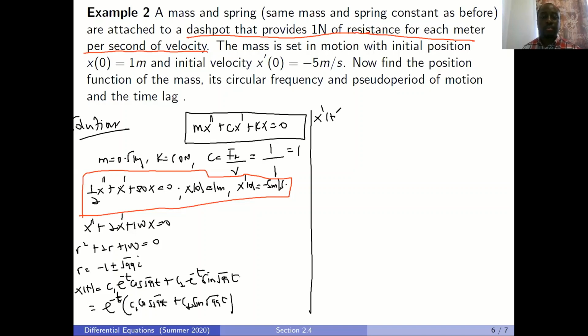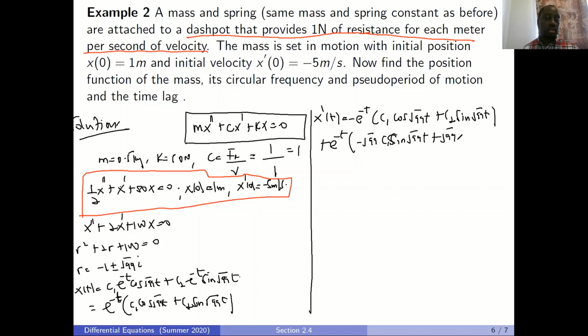So we need the derivative of my position, which is minus e to the minus t times c1 cosine of root 99 t plus c2 sine of root 99 t, plus e to the minus t times minus the square root of 99 c1 sine of root 99 t plus the square root of 99 c2 cosine of root 99 t.